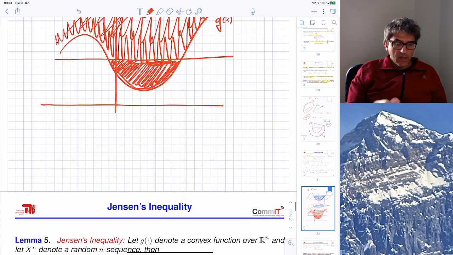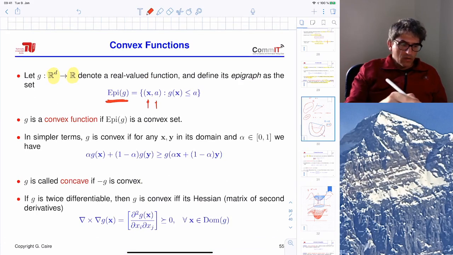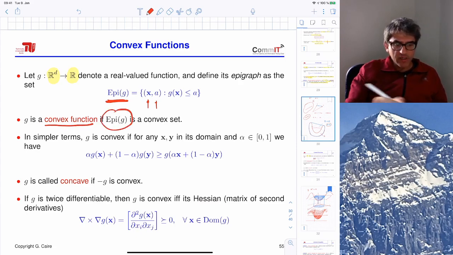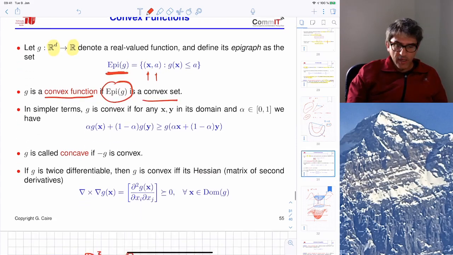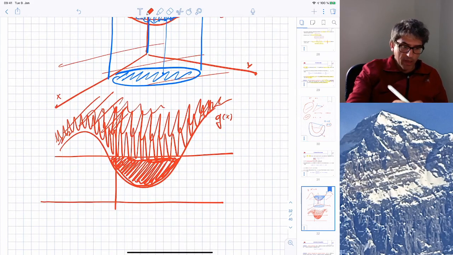So we say that g is a convex function if epi of g is a convex set. So in other words, for example, in my plot here, this g will not be a convex function. Why? Because this red set here is non-convex.